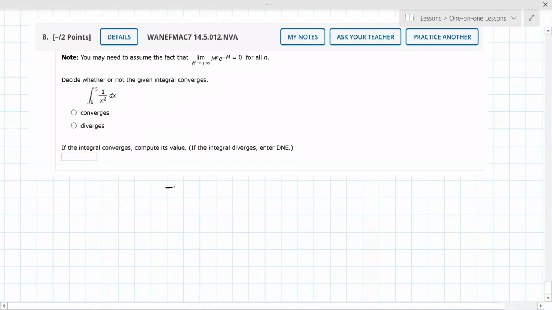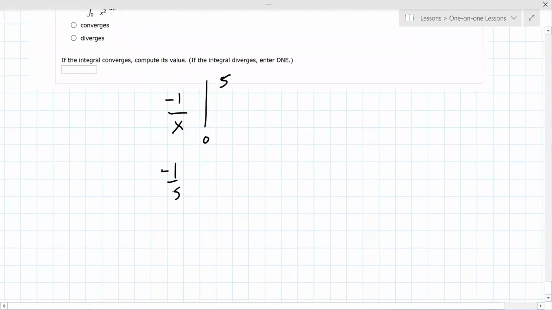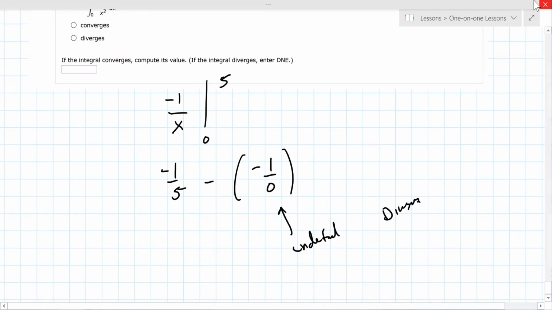The antiderivative of this thing is minus 1 over x, and you evaluate that from 0 to 5. It starts out looking okay. It's minus 1/5 minus 1 over 0. Since this is undefined, it's kind of like having an infinity. This in itself is an infinity, but because it's undefined, that means it diverges. So if you can't evaluate the antiderivative at that place, that means that it also diverges.